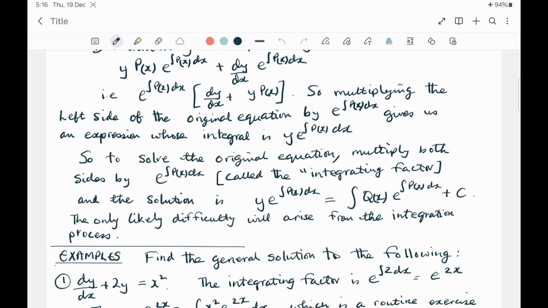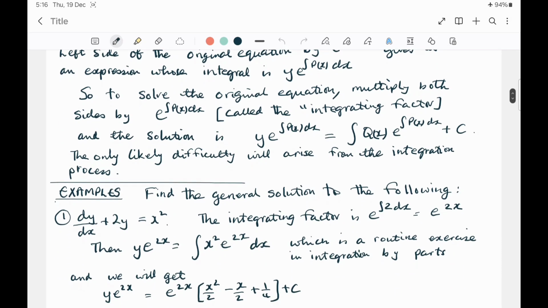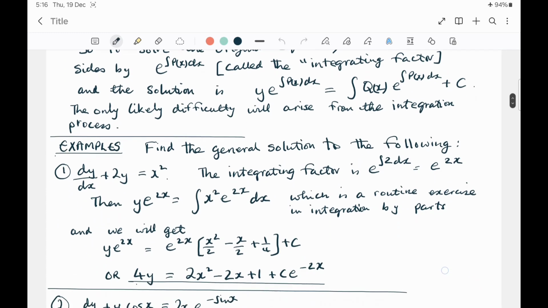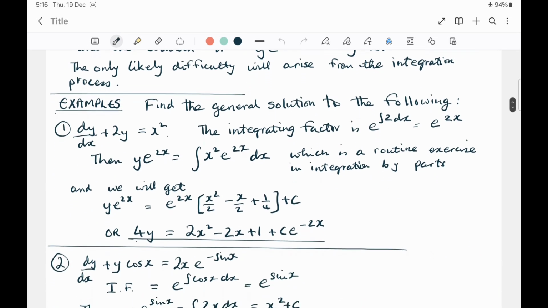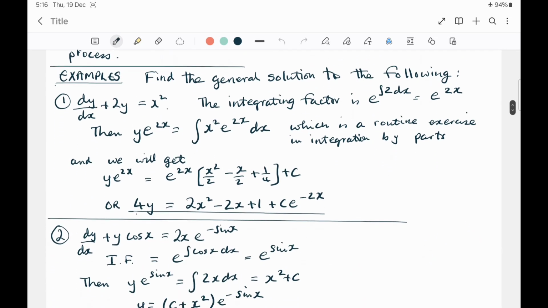Okay? And as I've said, the only likely difficulty you're going to encounter from now on will be if the integration is a bit awkward. But in the following examples, we shall try and keep things reasonably simple. So I'm going to do 5 examples here.